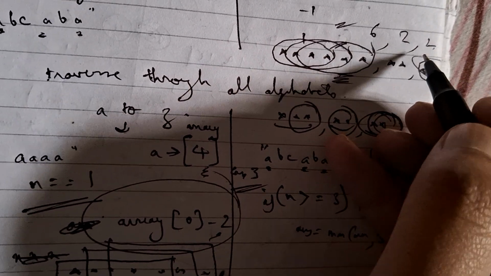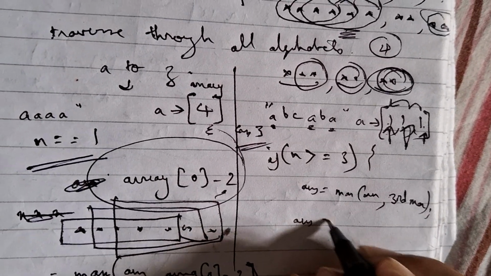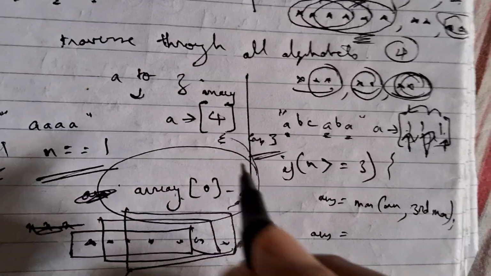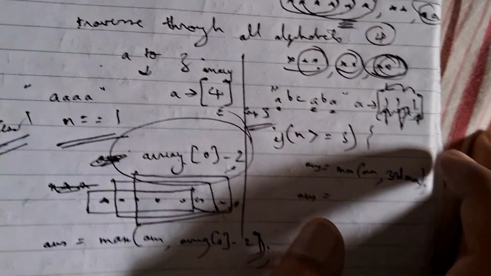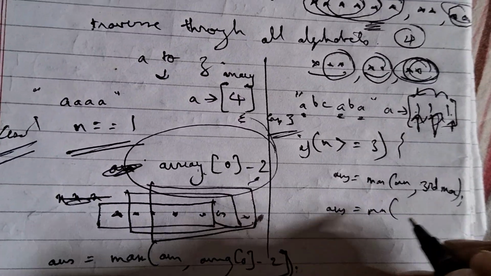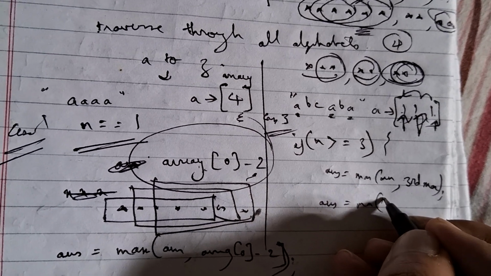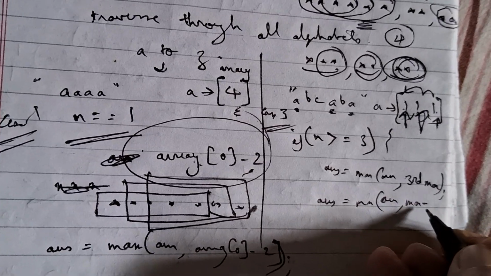If 6, 2, 2 occurs, it is going to be 4. Why? Because there is also another condition: we can take only one element also. It is not necessary that we have to take all 3 elements. So we can do answer equal to the maximum of answer and maximum element minus 2.